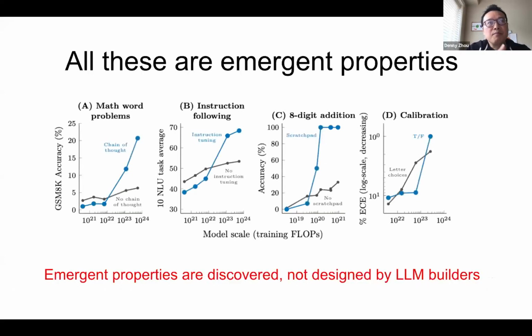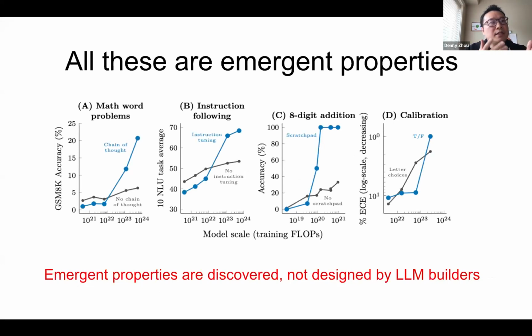That means the model's performance can suddenly jump after a certain scale. Of course, there are many different dimensions about scaling: model size, more tokens, and longer training time. We call them emergent properties. That means they are discovered, not designed by large language model builders.